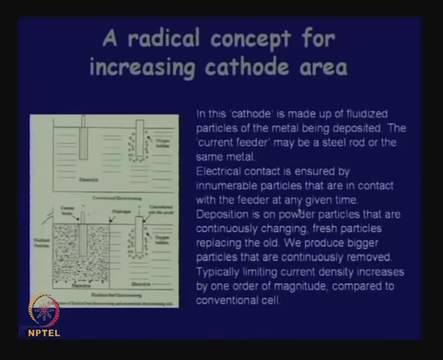Deposition is on powder particles that are continuously changing, fresh particles replacing the old. We produce bigger particles that are continuously removed, and typically the limiting current density increases by 1 order of magnitude compared to the conventional cell.